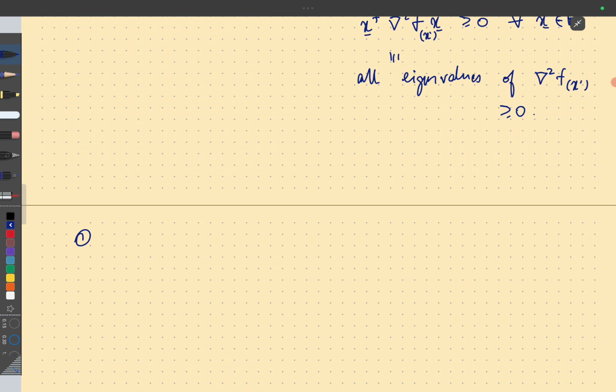So let's maybe see a couple of commonly used functions and check whether they're convex or not. Let's start with something very simple. x square.